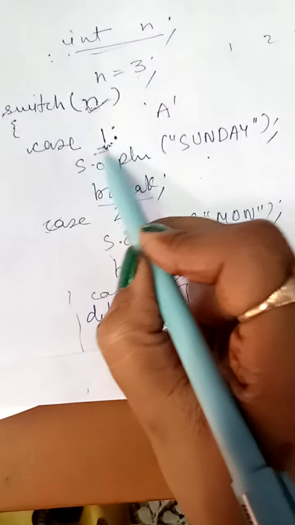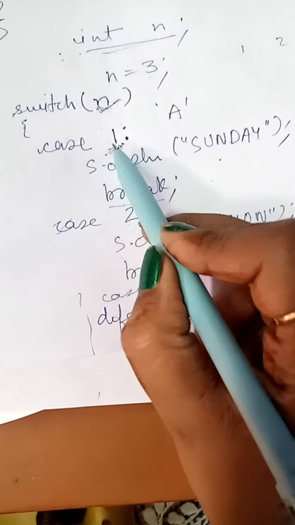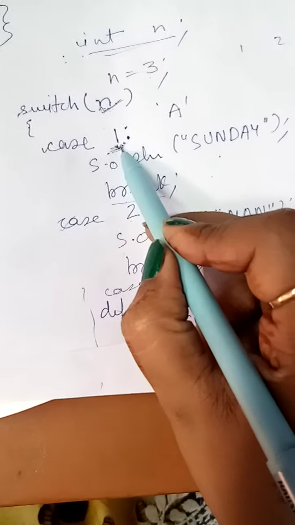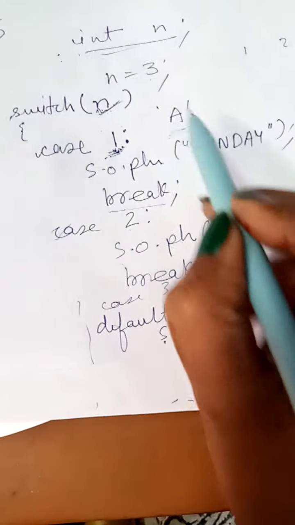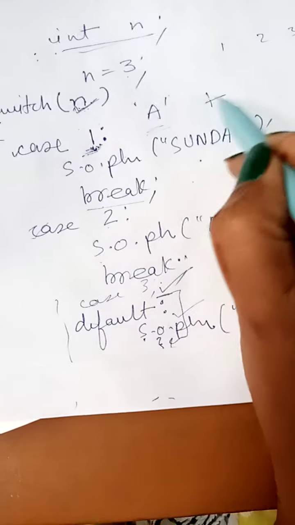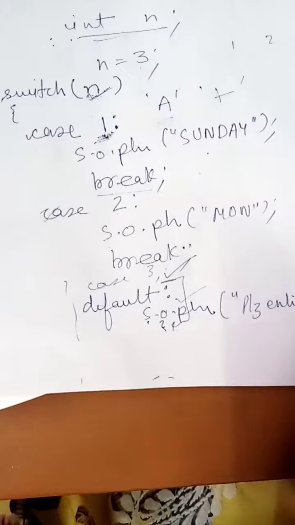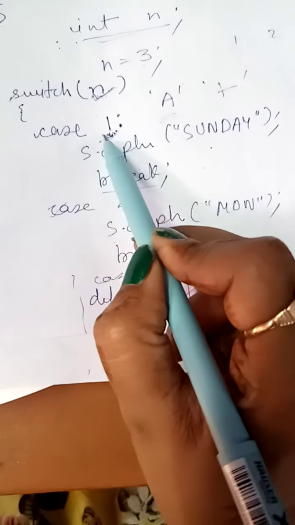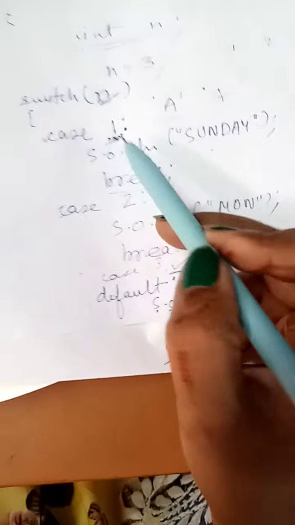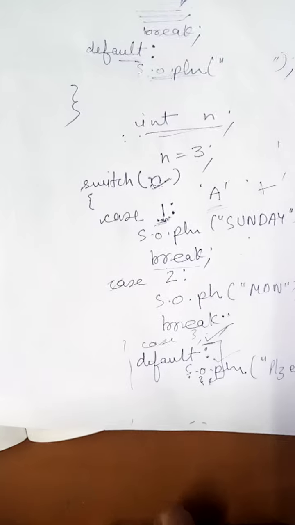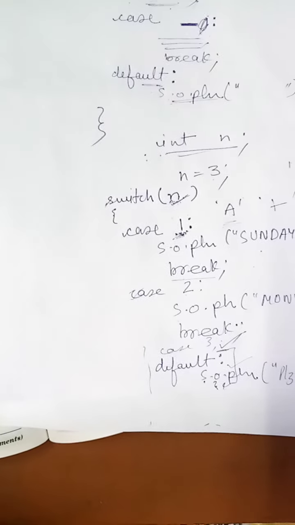Suppose you have to check whether the value of n is a, then you write a within single quotes over here. 1 is an integer number, so we don't put any quotes, but for characters you use single quotes, like plus or minus. And you write only whole numbers in the different cases if you have to check any integer-type value.